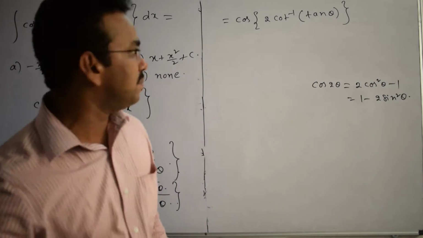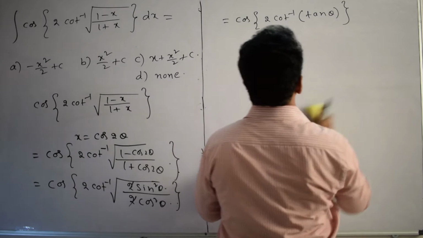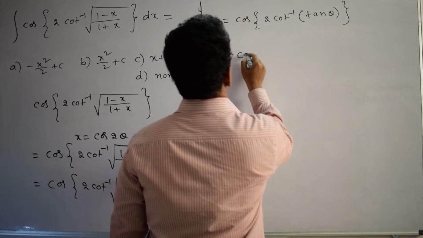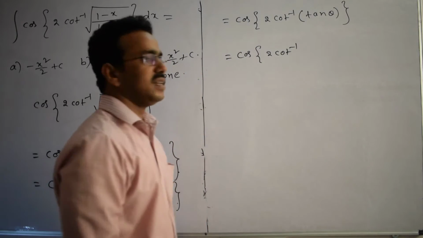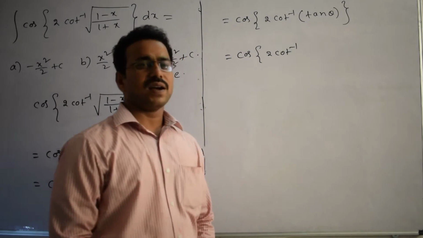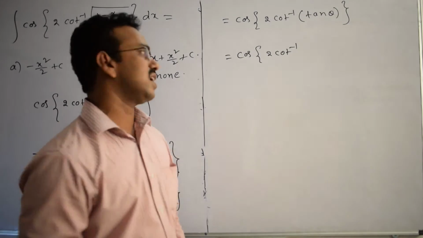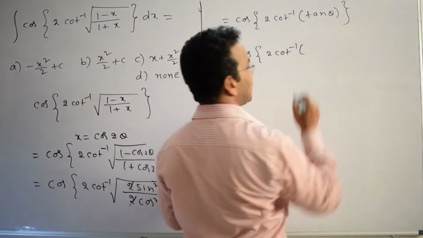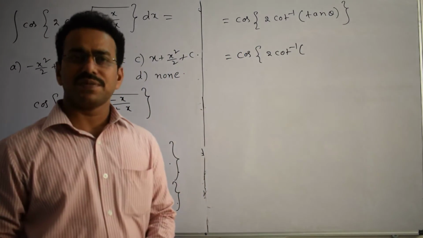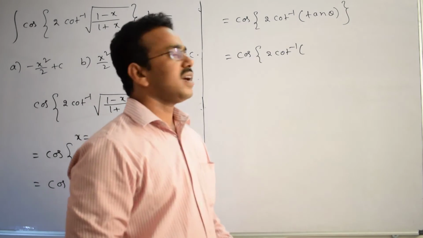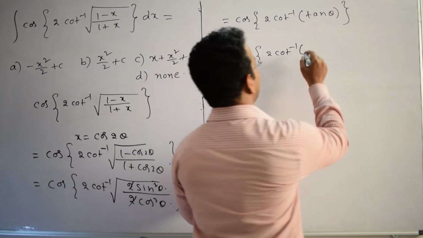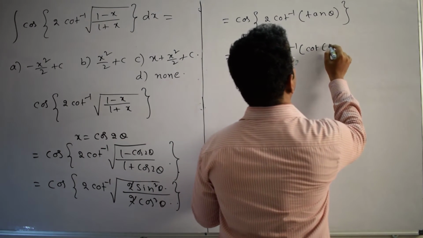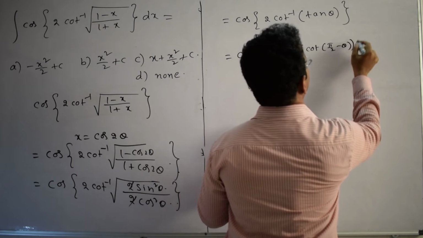In the next step, which equals cos of 2 cot inverse, here we have already one formula, cot inverse of cot theta equals theta. Now I am going to write tan theta in terms of cot theta. So tan theta in terms of cot theta is cot of pi by 2 minus theta. So tan theta equals cot of pi by 2 minus theta.